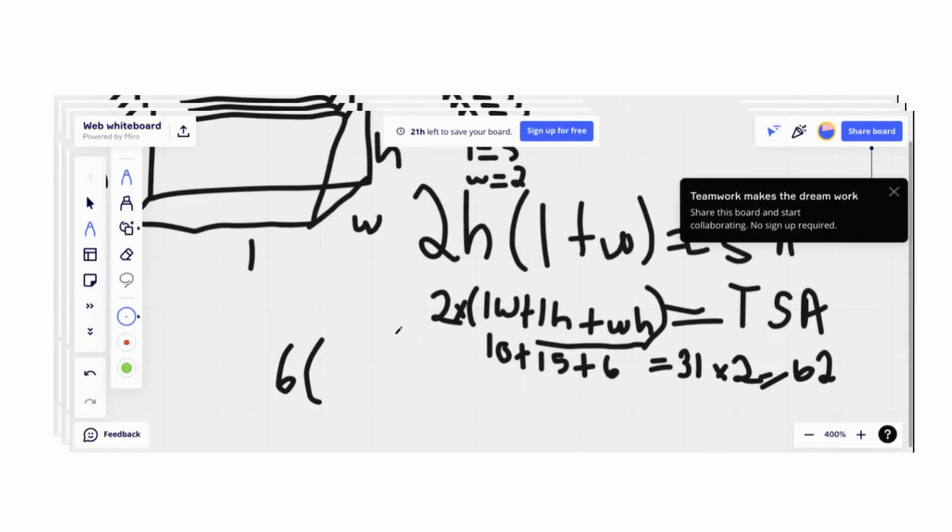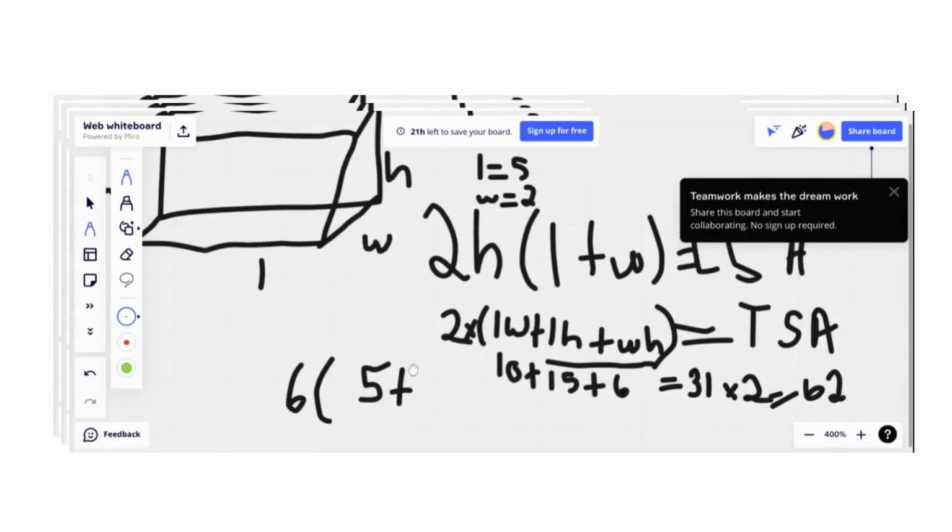Multiply by the length plus the width, which is 5 plus 2. 5 plus 2 is 7, and then 6 times 7 is 42. So 42 is our LSA. So that's how we find the TSA and LSA of cubes and cuboids.